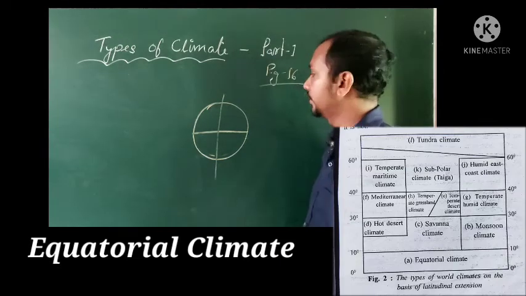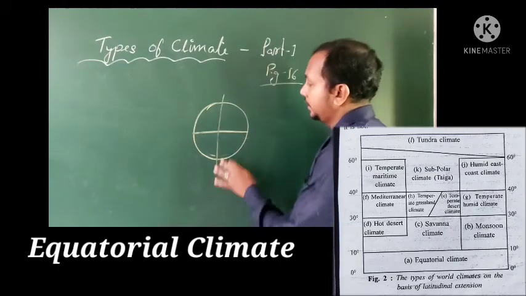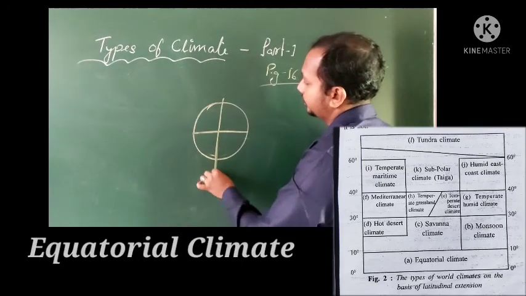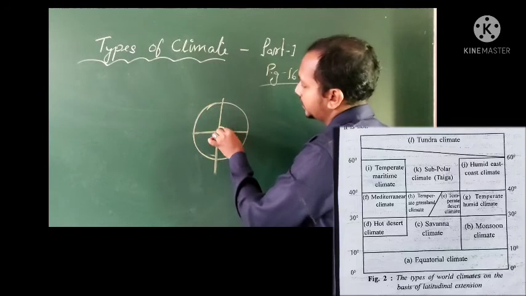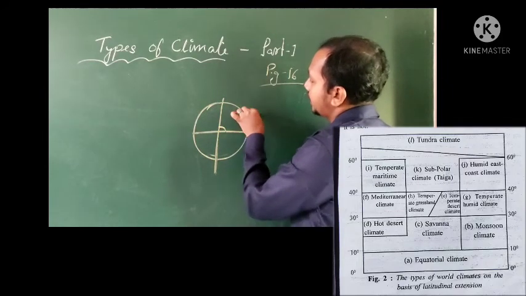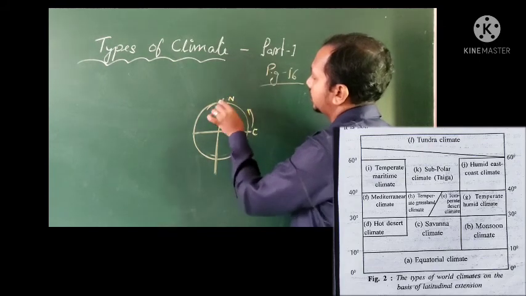As for now we are taking it so. If we divide it this way, from this equator to the northern side, this is the north part up to here.